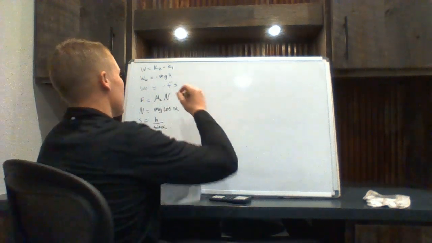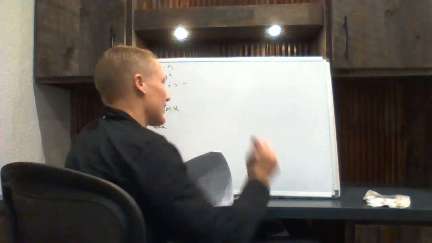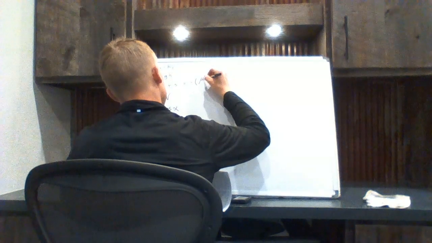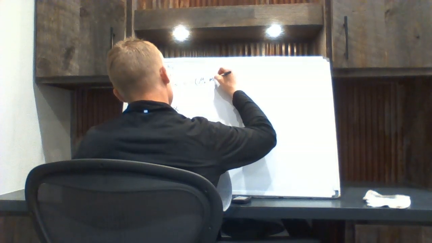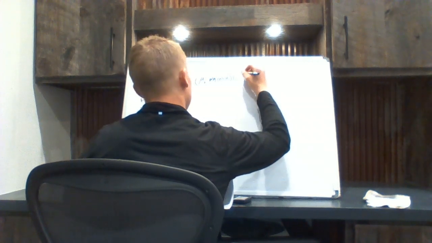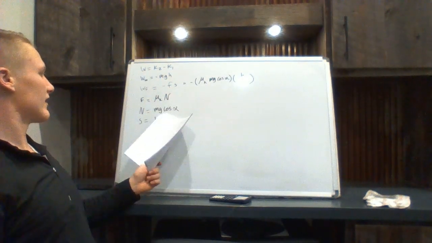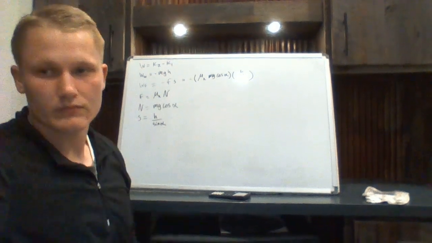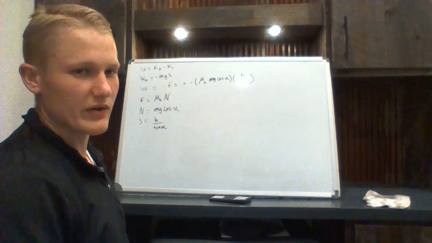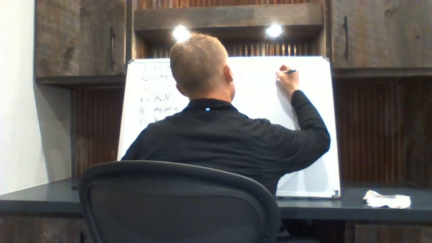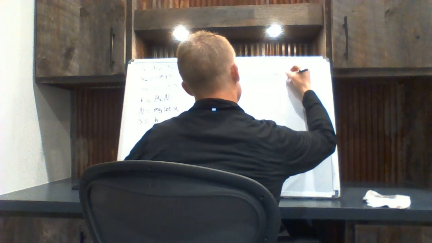So it comes out to be equal to negative the coefficient of friction, so we just substitute this for N and that for S, which when you multiply that out, you can simplify it a little bit to coefficient of friction times mass times gravity.